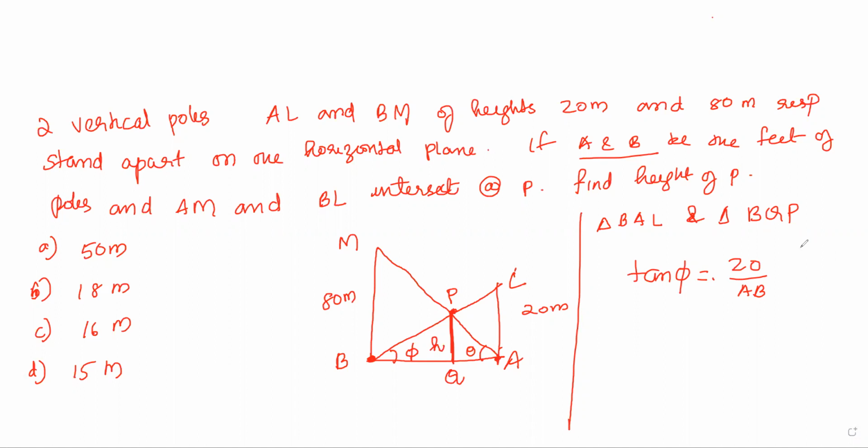It is fine now, 20 by AB, and this again can be written from the triangle BQP. What is tan phi? It is H by BQ, isn't it? So if I'm writing from the big triangle, tan phi is AL by AB, that is 20 by AB. If I am writing from the small triangle, it is H by BQ.